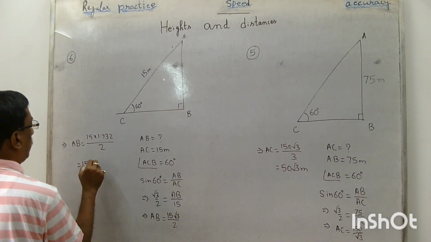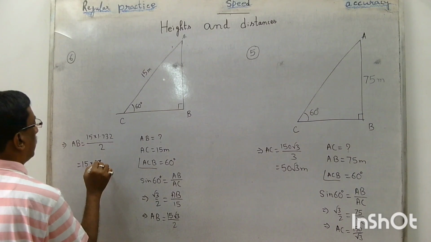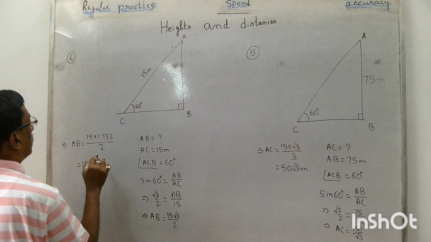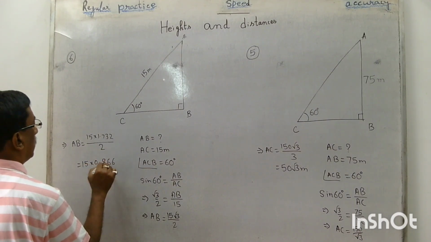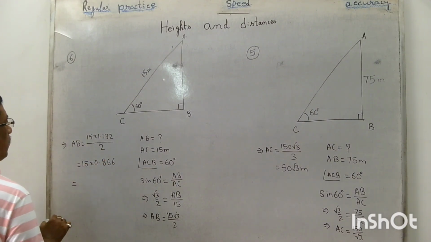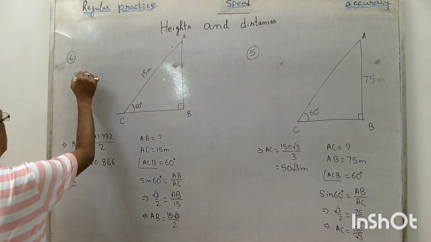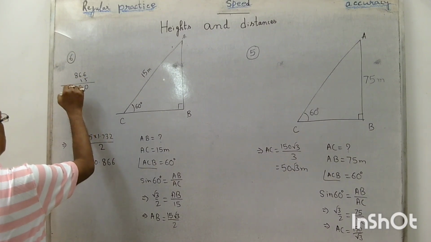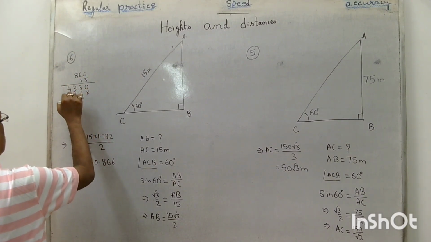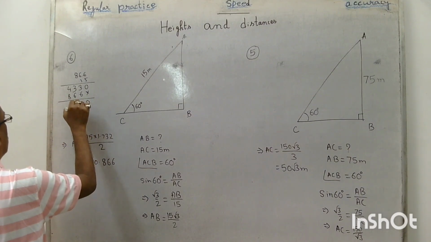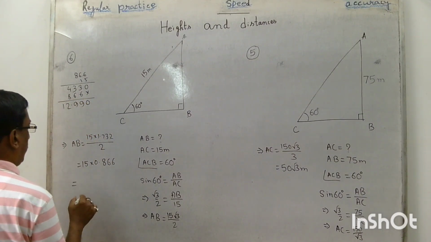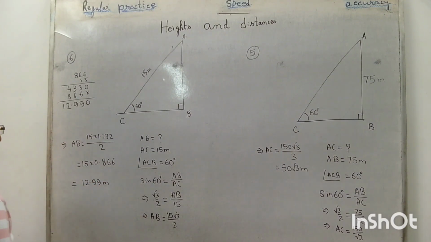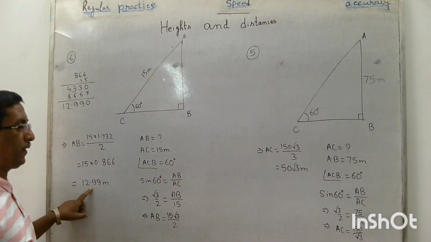Multiplying 15 with this gives the approximate value, 12.99 meter. This is the height of the wall, 12.99.